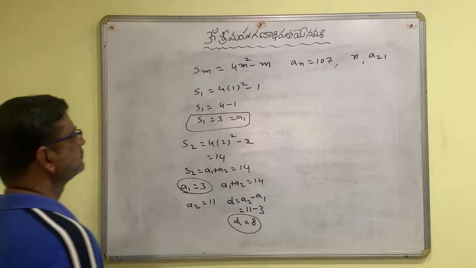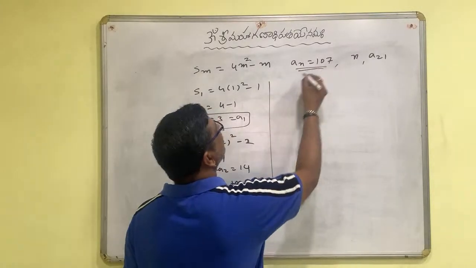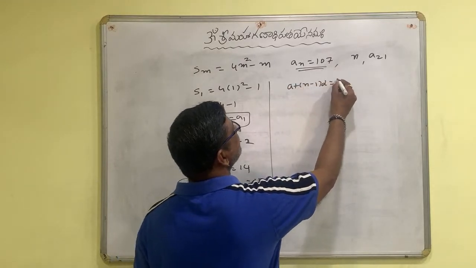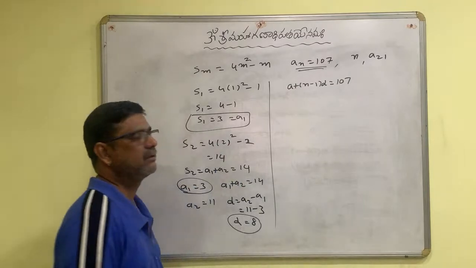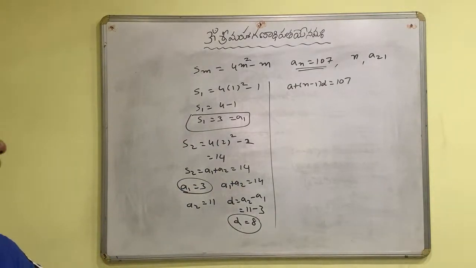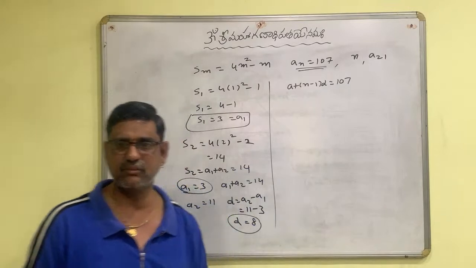Okay. Now see this, an, that is a plus n minus 1 into d, is 107. an is given as 107. an means a plus n minus 1 into d is 107.